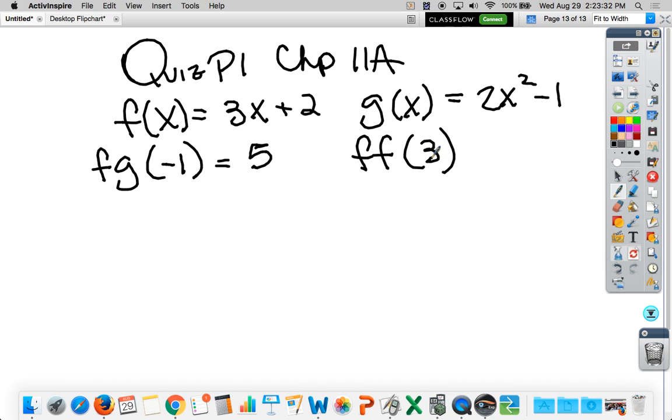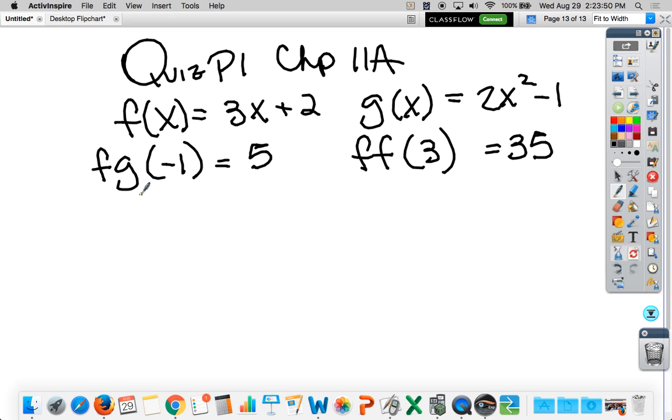Alright, let's look at this one. 3 going into the f, that's 11. 11 going back into the f. 33 plus 2 is 35. Okay, that's what you do, that type of problem.